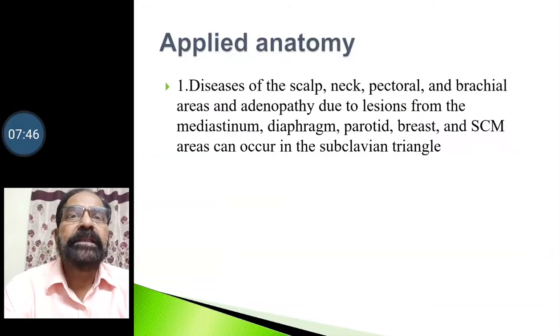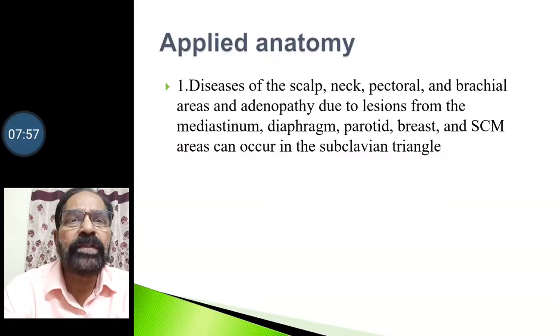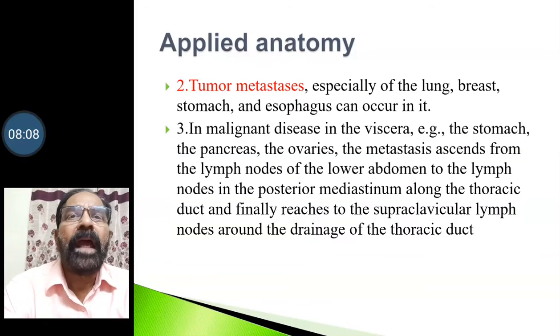Coming to applied aspect, diseases of the scalp, neck, pectoral and brachial areas, and adenopathy due to lesions from the mediastinum, diaphragm, parotid gland, breast, and sternocleidomastoid muscle areas can occur in the subclavian triangle. And tumor metastasis, especially of the lung, breast, stomach, and esophagus, can occur in it.